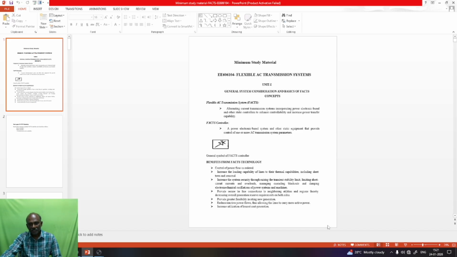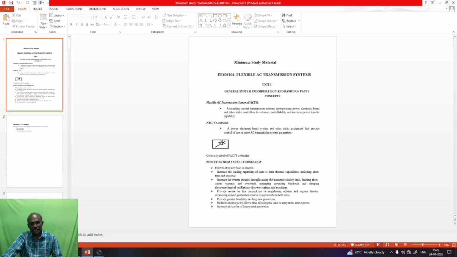The transient stability means the stability of the system withstanding sudden high changes. So we can increase the transient capability of the system, that is the security of the system, by enhancing the transient stability. It provides secure tie line connections.